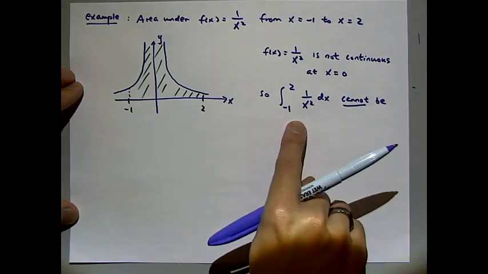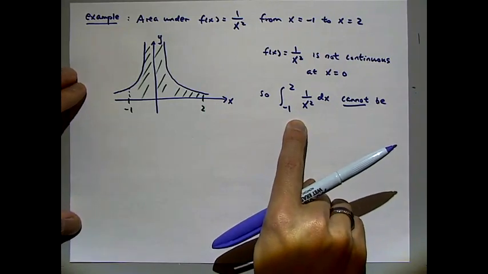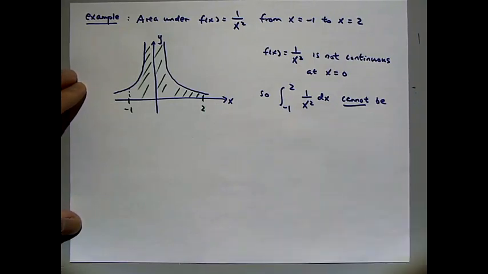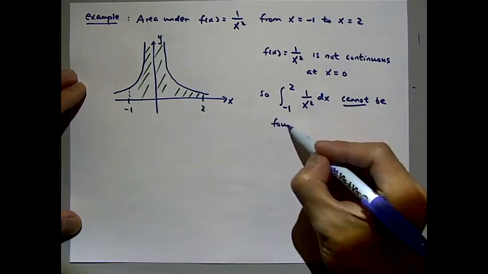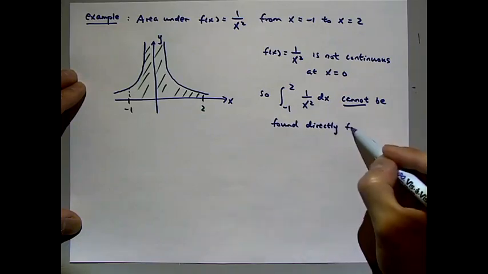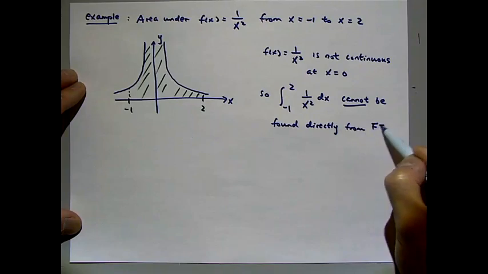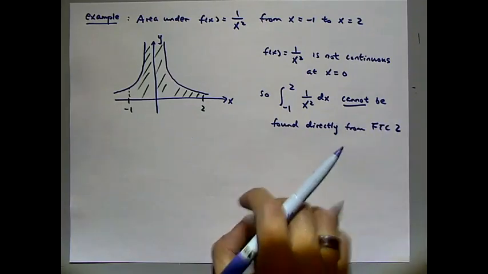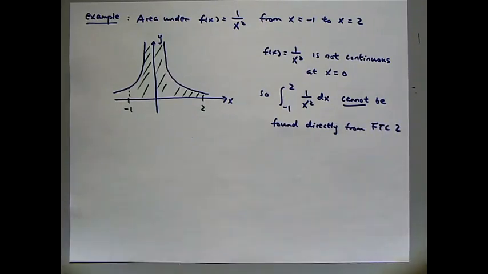So this integral, from minus 1 to 2 of 1 over x squared dx, cannot be found directly from FTC2. It violates the very important restriction that the function must be continuous.